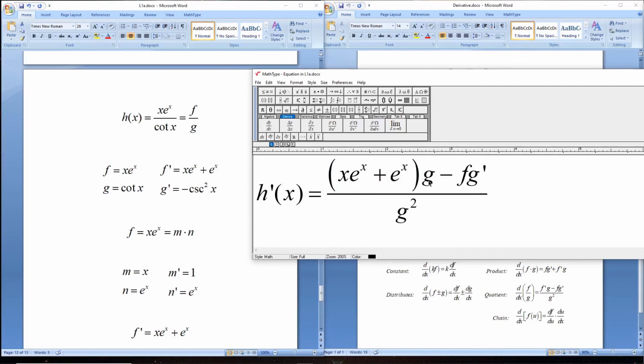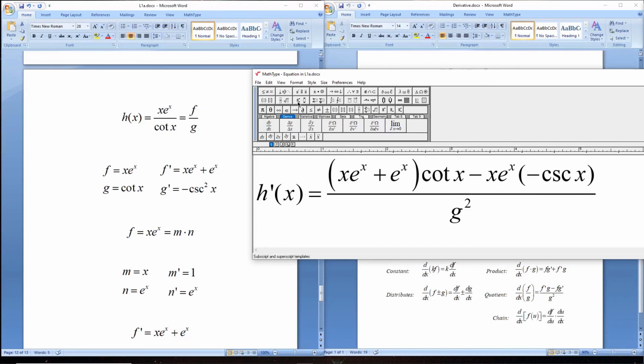And next it says plug in g. G is cotangent x. And then f. What is f? F is x e to the x. And then finally, well, not almost finally, but the derivative of g is minus cosecant squared x.